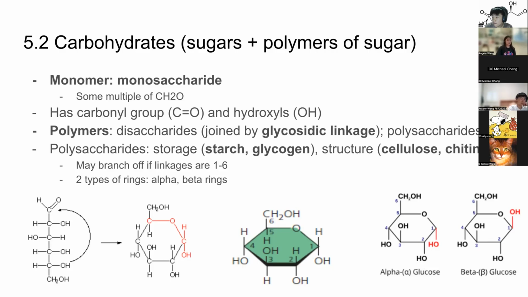The main functions of polysaccharides include storage of energy in the forms of starch and glycogen, and structure in the forms of cellulose in plant cell walls and chitin in fungi or exoskeletons.